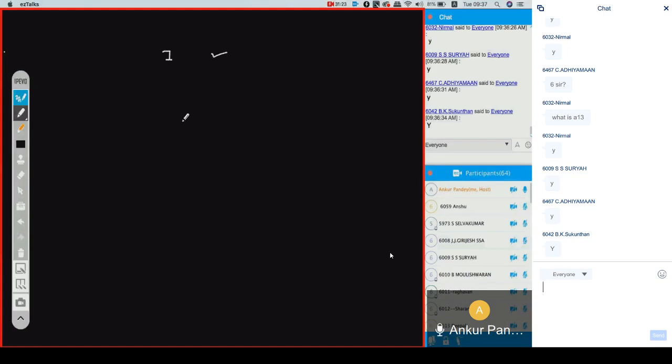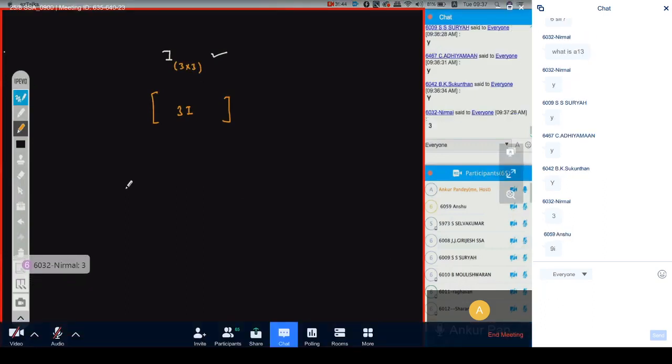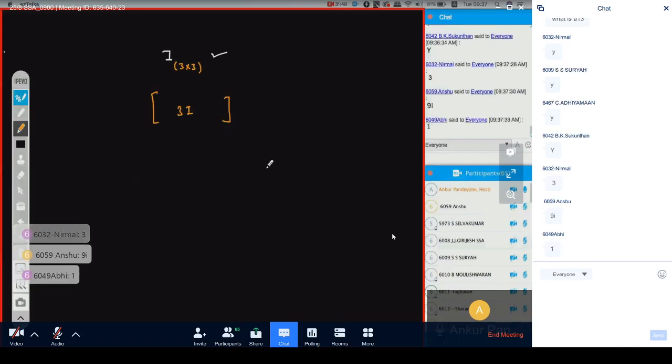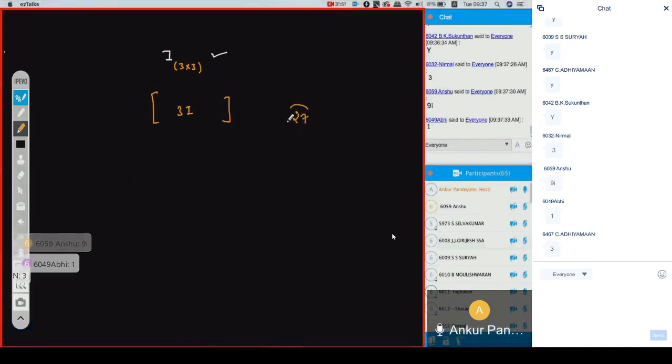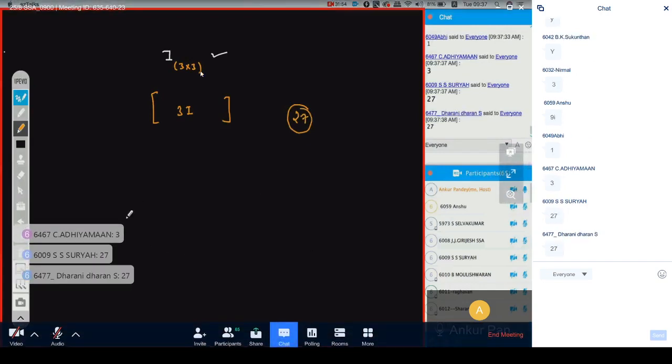If I is a unit matrix, what we call an identity matrix, what will be the determinant of 3I? It is of the order 3 by 3. 27, beta. See, simple.